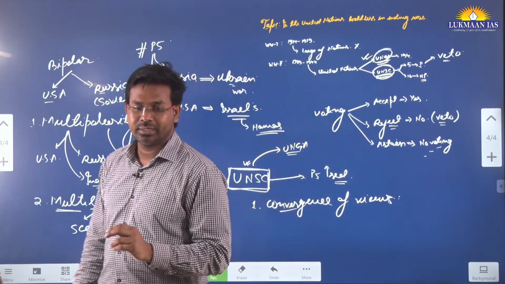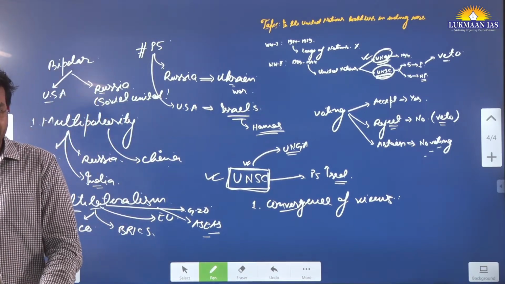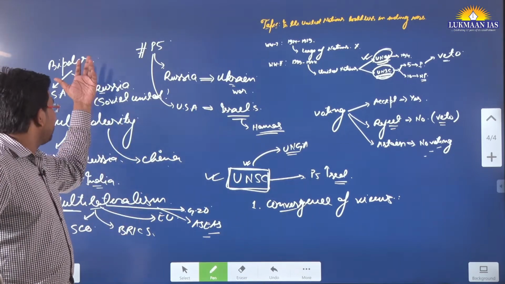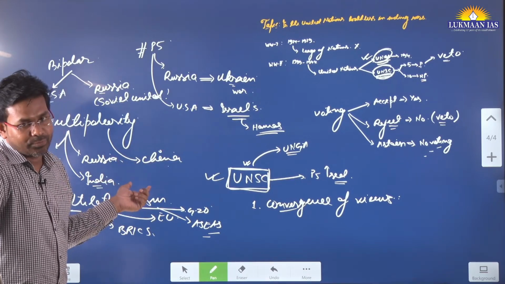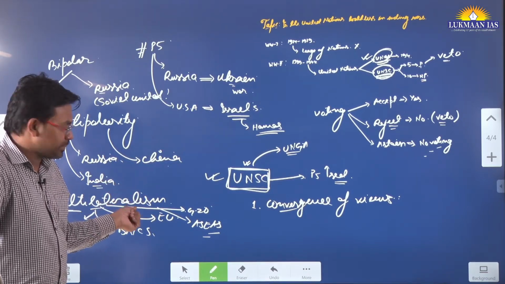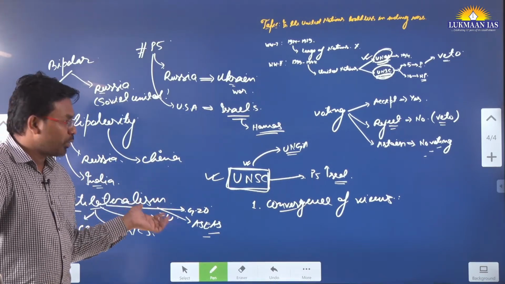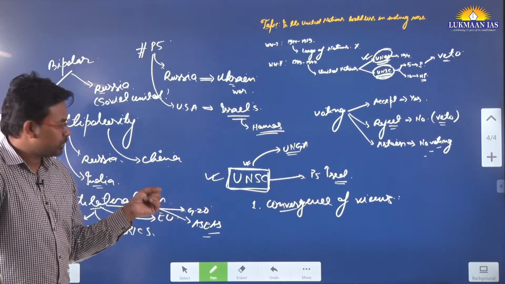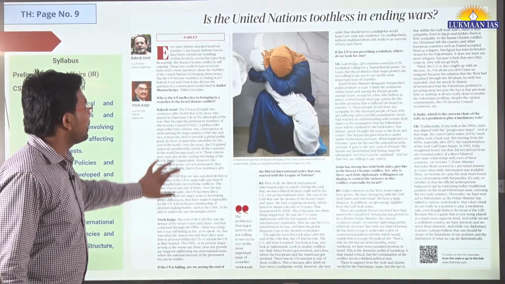Actually the author has mentioned this: multipolarity without multilateralism only leads to the exercise of force. If we have multipolarity and not multilateralism, in that case exercise of force will be there. Multilateralism means people want to evolve economic power, people want to have more presence in different arenas. That is mentioned by the author here.